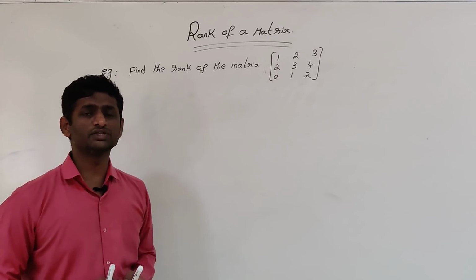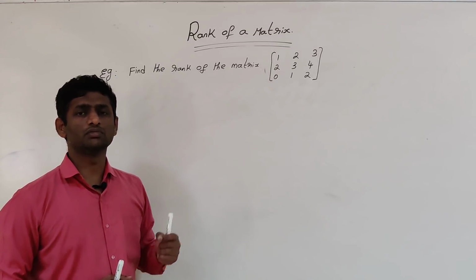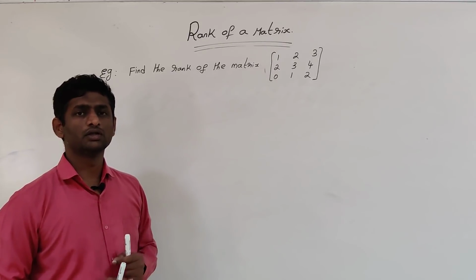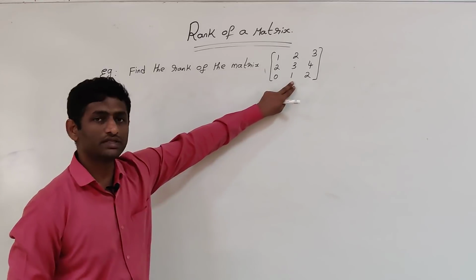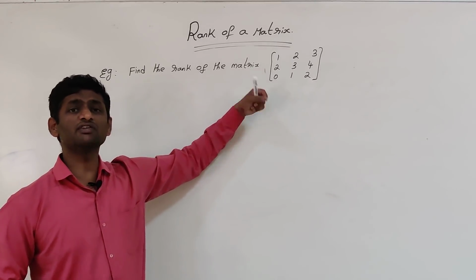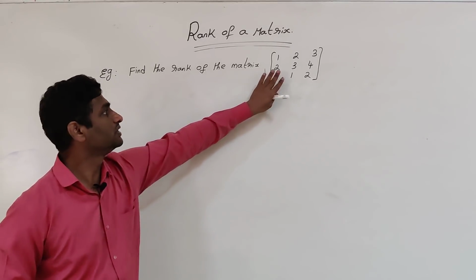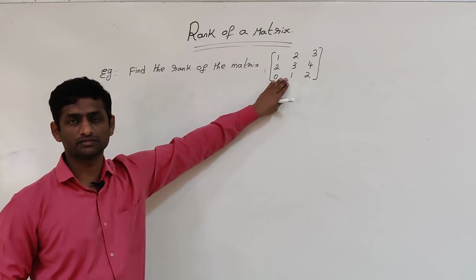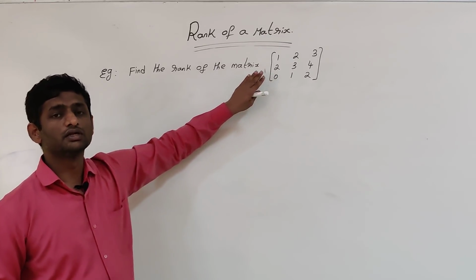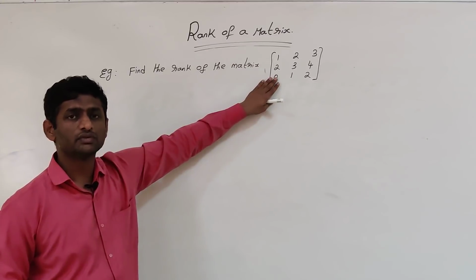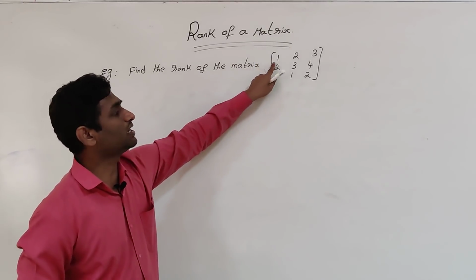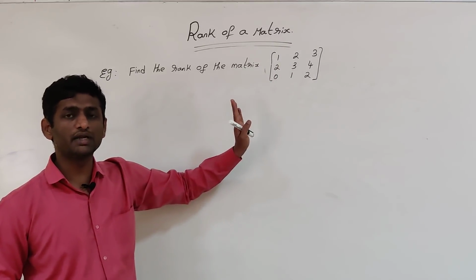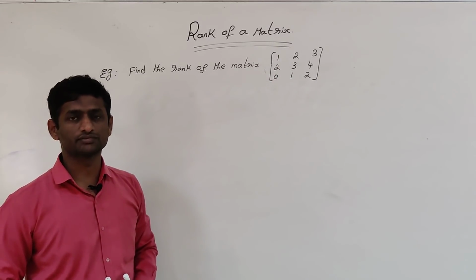So what is the definition? The maximum order of a non-singular submatrix. As it is a 3 by 3 matrix, the rank will be 3 if this matrix is non-singular. If it is singular, the rank will be 2 if at least one of the 2 by 2 submatrices is non-singular.